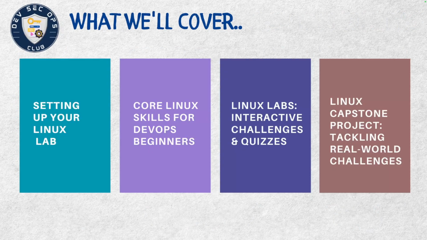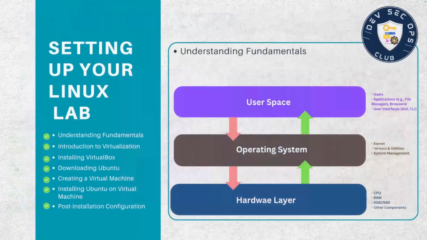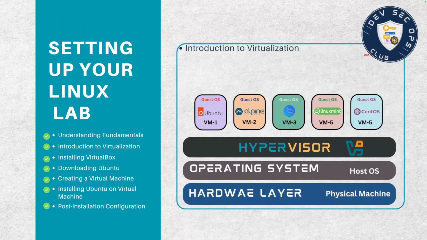So with that said, let's go ahead and see what we will cover today. In our last session, this was our overall agenda for day one. We understood the fundamentals. We saw how hardware, operating system, and user space all interact with each other. We also talked about an introduction to virtualization.